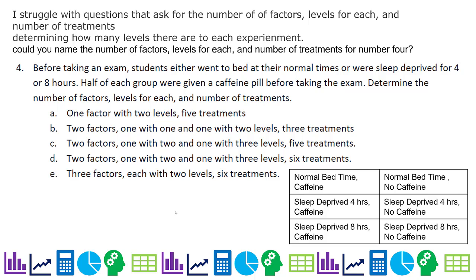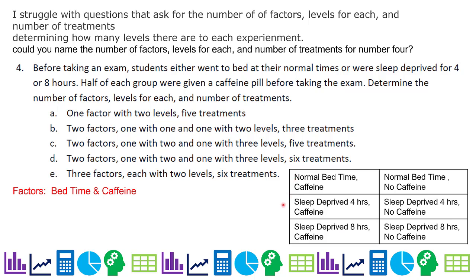So the factors, we were looking at 2 different things. So we were looking at caffeine pills and bedtime, right? So the factors are bedtime and caffeine. You can see right here, let me get my pointer. There we go, my nice, lovely laser pointer. You can see right here we have normal bedtime and caffeine, sleep deprived and caffeine.